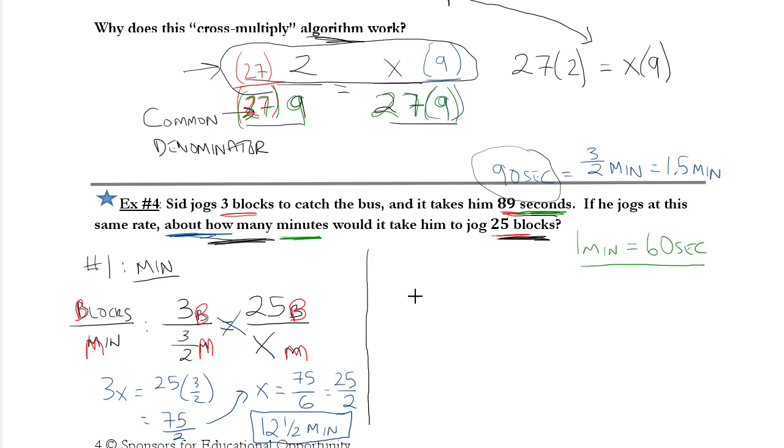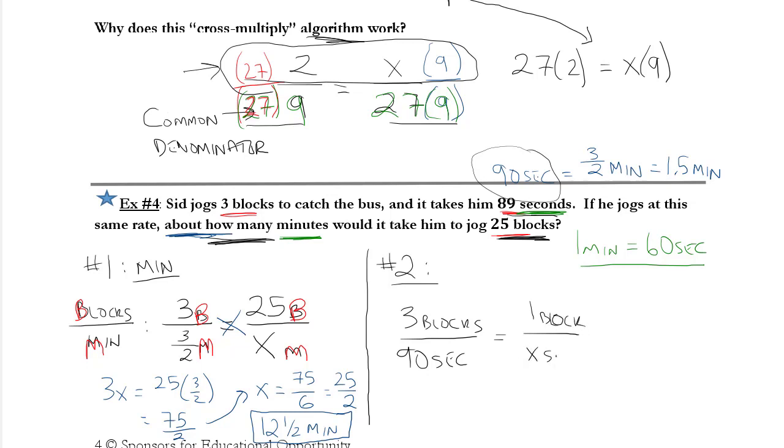So let's look at this problem in a slightly different way that involves reasoning about his rate. So here's another solution strategy. We know that Sid can jog 3 blocks in about 90 seconds. One question we could ask ourselves is about how long does it take him to jog 1 block?